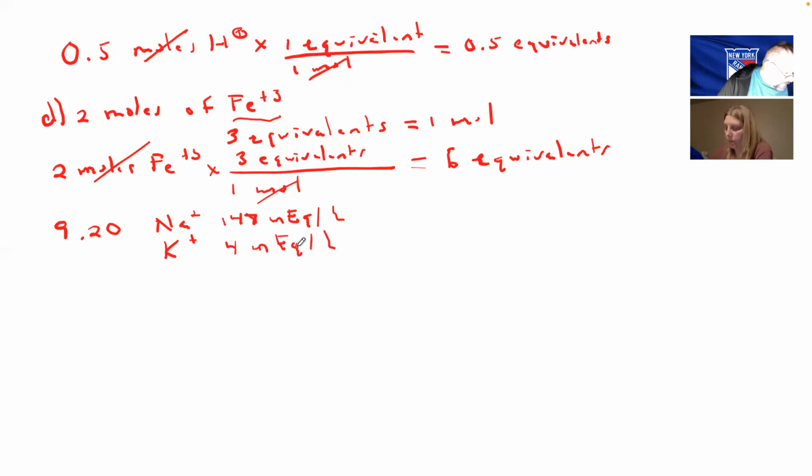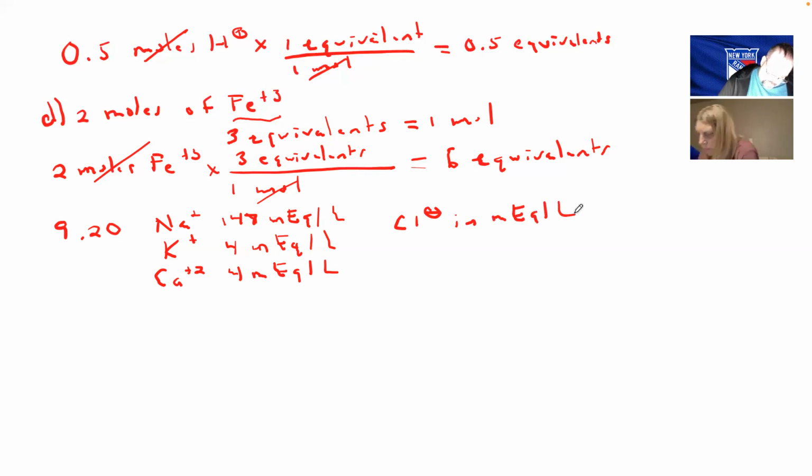Then we have calcium 2 plus, which would also be 4 milliequivalents per liter. So the question is, if Cl is the only anion in the solution, what is the Cl minus concentration in milliequivalents per liter?